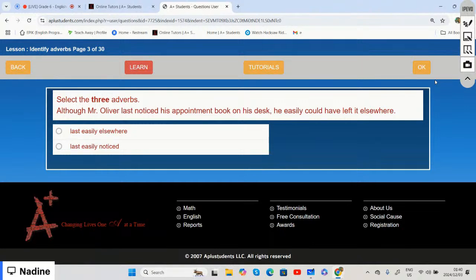Although Mr. Oliver last noticed his appointment book on his desk, he easily could have left it elsewhere.